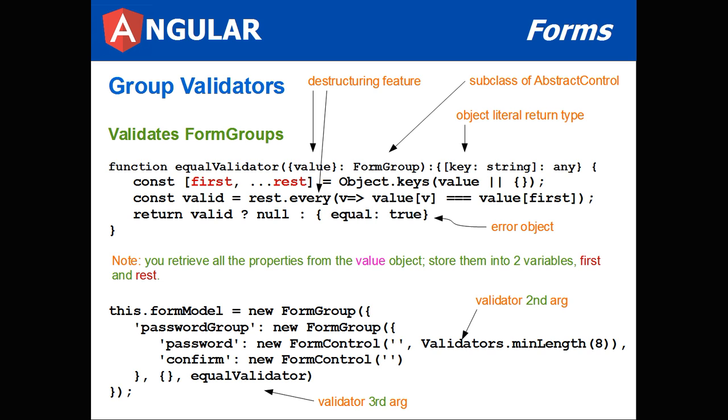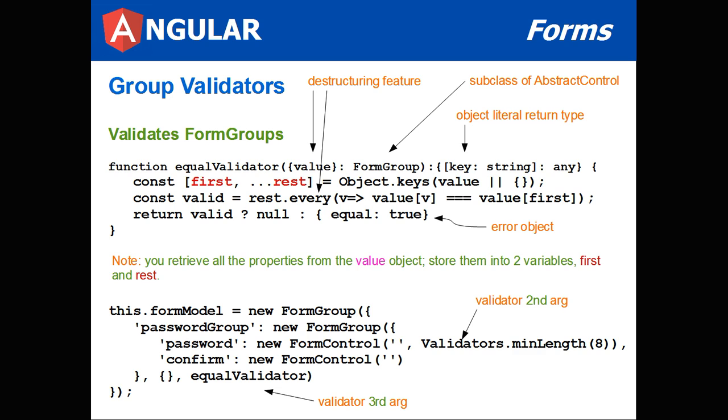There's a destructuring feature in TypeScript which allows us to do the curly bracket value and get a handle on that value. Inside our function, basically we look at the keys of that value, and we map the first key to a variable called first, and the rest of the keys to a rest operator, rest. So the rest of the keys go into the rest variable.